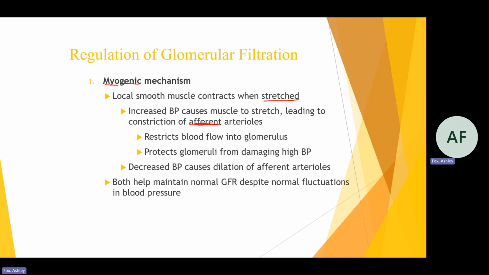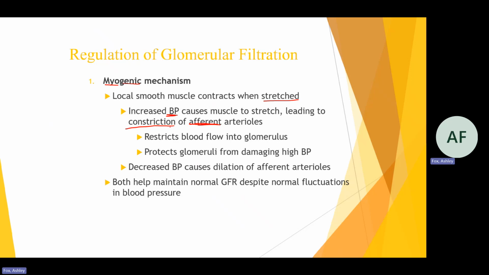So if you have increased blood pressure for whatever reason, that is going to cause stretch receptors to realize that you have an increase of blood pressure, and you're actually going to constrict your afferent arterioles. That's kind of the opposite of what you would do in other organs if all of a sudden blood pressure increased and was too high: you're going to dilate, trying to release that pressure.